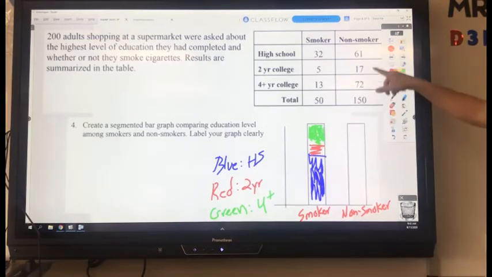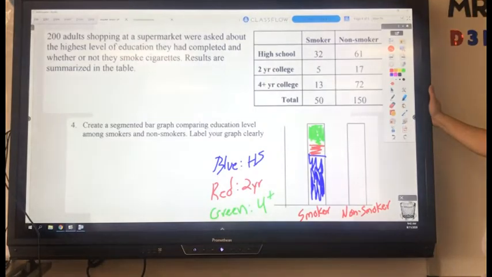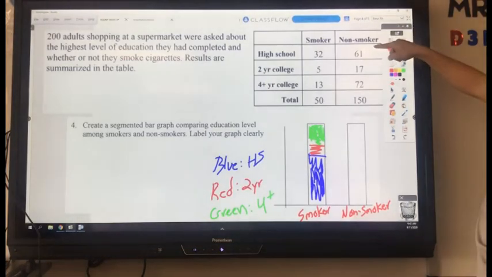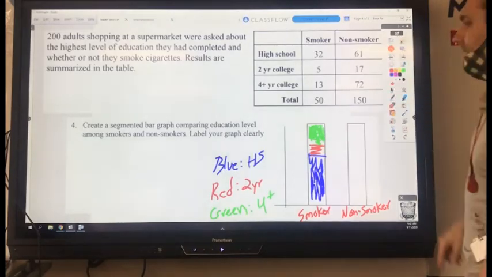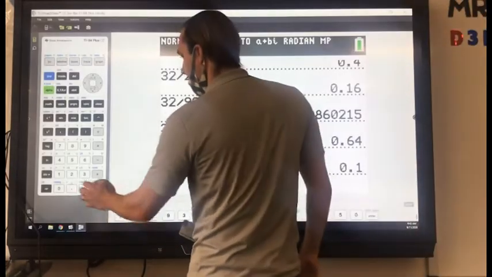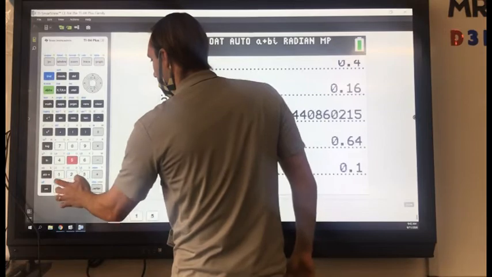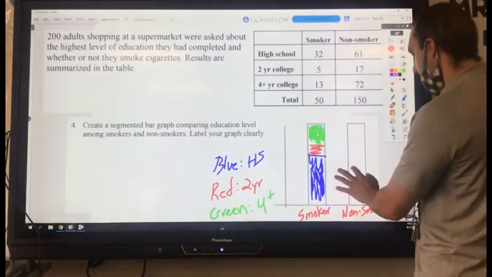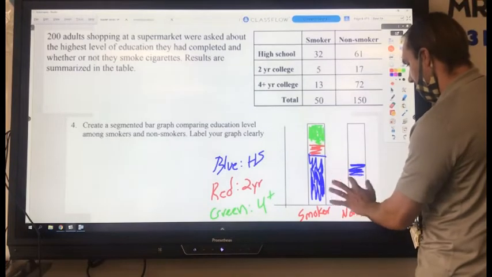Okay, here, high school, blue, I'm going to take what number to find my relative frequency? Divide what by what? High school non-smokers, 61 over 150. Roughly 41%, so let's say down here.